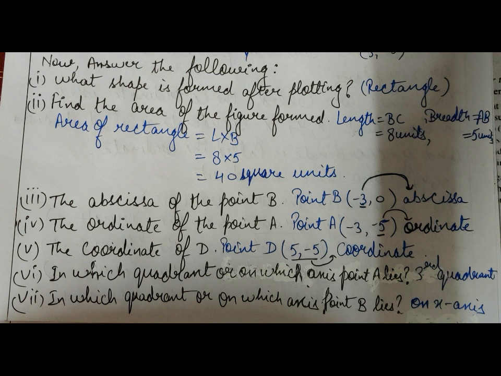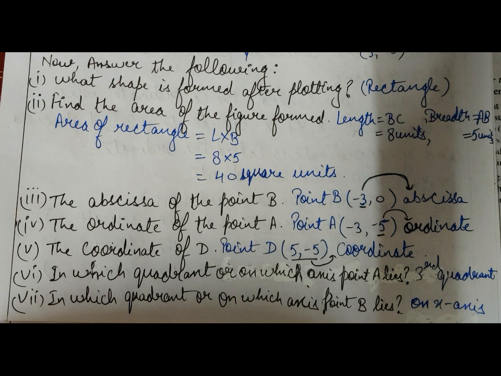Our first question on the basis of this graph is, what shape is formed after plotting? We can see that this is the shape of a rectangle. So our answer is rectangle. Then come to the second part, that is, find the area of the figure formed. As it is a rectangle, it will have both length and breadth.